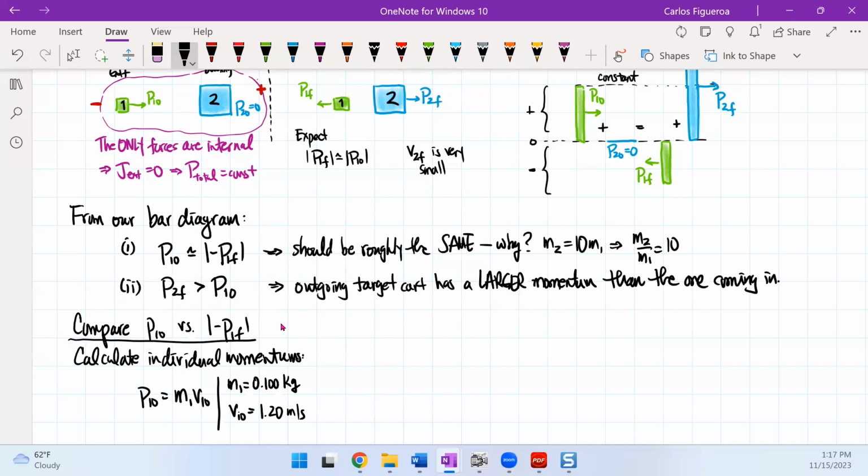So if I plug in those values, I'm going to get 0.1 times 1.2, in kilogram meters per second, and this will give me 0.120 Newton second, and this would be the initial momentum.